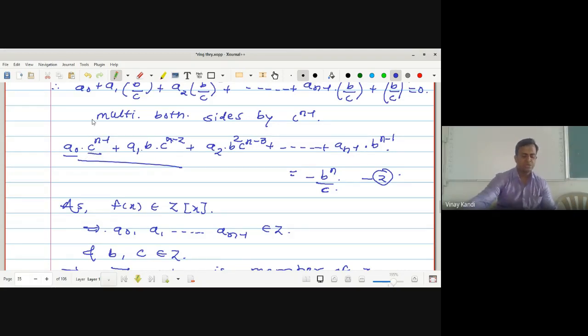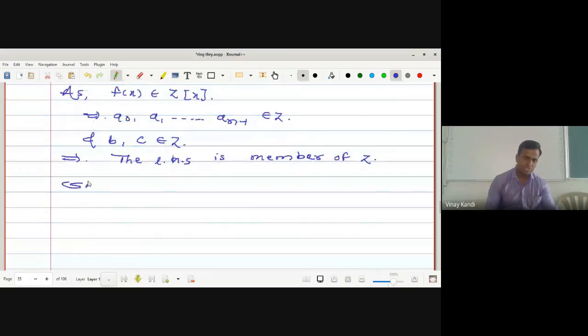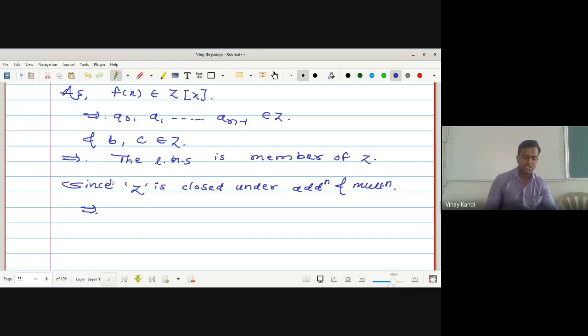ओके, since Z is closed under addition and multiplication, that implies the left hand side तुमचा Z मध्ये असेल, तर राइट हँड साइड काय असेल, मायनस बी. दॅट इम्प्लाइज, that implies right hand side is also member of Z. Okay, what is the right hand side?